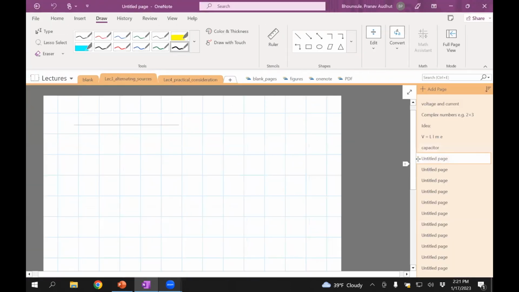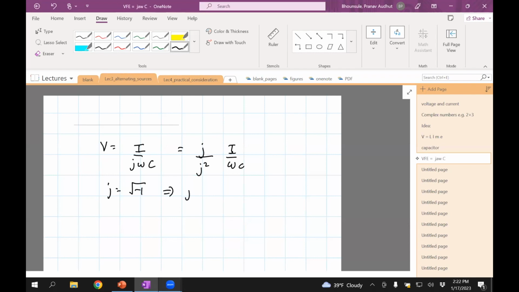Okay, let me move on to the next page. So I wrote down V equals 1 divided by j omega C times I. And I don't like the j in the denominator, so I can multiply the numerator and denominator by j. So I would have j squared I divided by omega C. But remember, j is the square root of -1, which means that j squared is -1.